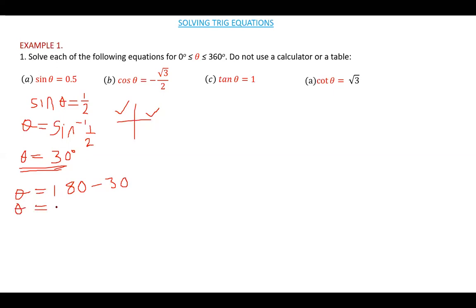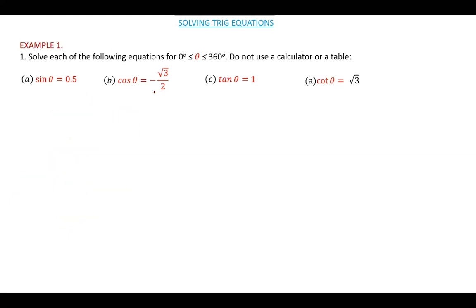So 180 minus 30, you get your answer to be 150 degrees. So on this question, you have two answers, 30 degrees and 150 degrees. When you put them where there's theta, they will both give you 0.5. Let us proceed.